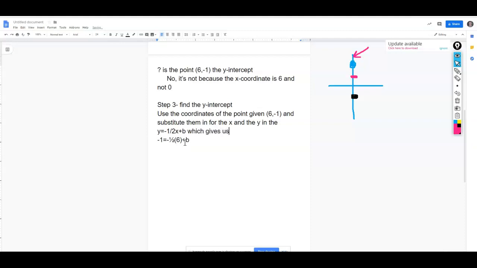Which gives us this. And then we're going to simplify. So we have -1 is equal to -1/2 times 6, which would simplify down to -3, plus b. And then the next step is to solve for b.